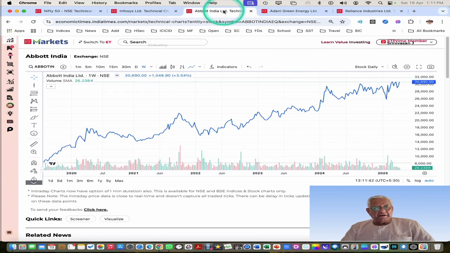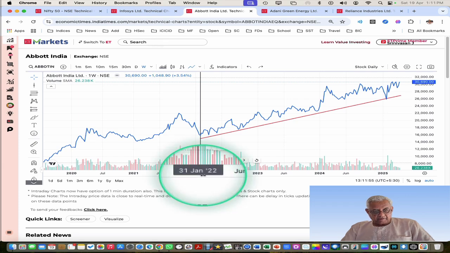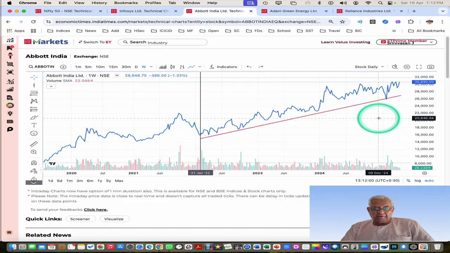Contrast this with Abbott India. Abbott India has a clear rising trend, and since June 2022 it has been going up.